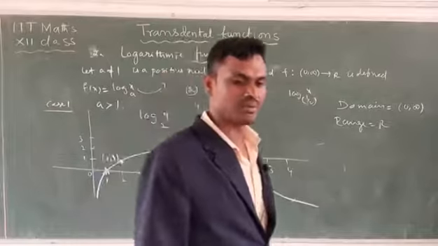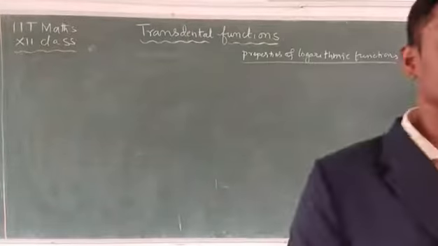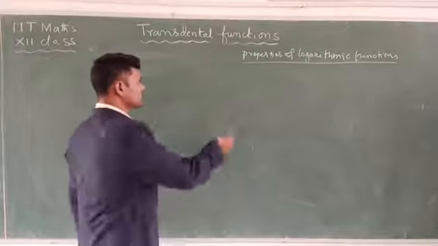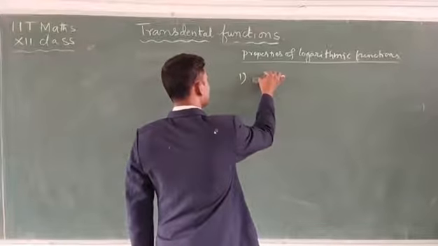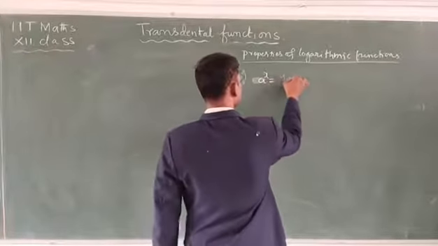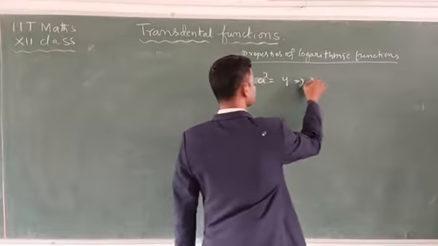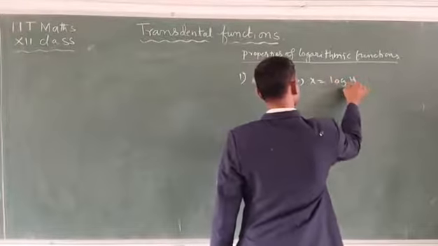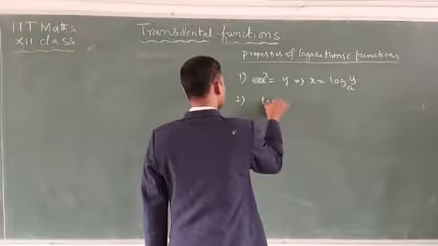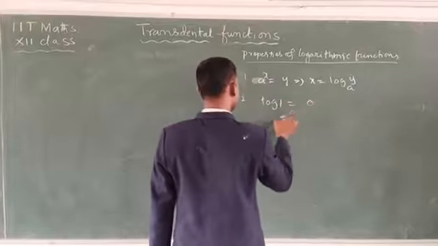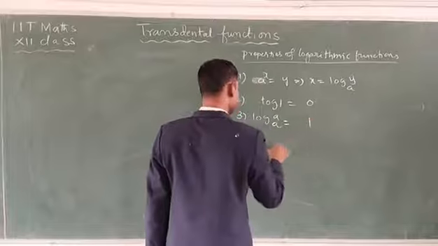Now we have to see some properties of logarithm, note this down. If a power x is equal to y, then you can apply log on either side: x is equal to log y base a. Next, log 1 base a is equal to 0 and log a base a is equal to 1.